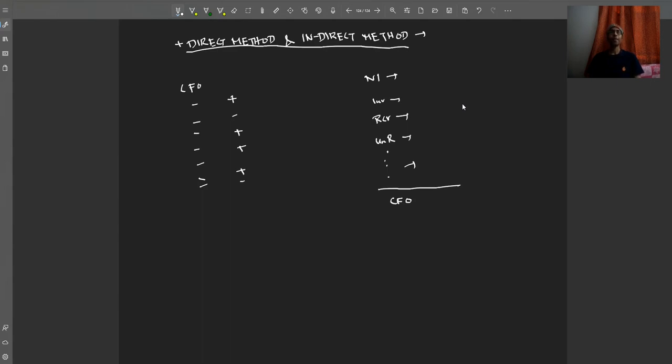In case of net income, the advantage is that you understand how the net income has been transformed into the cash flow from operations. This is the basic difference, friends. The argument here is it is specific and direct, and therefore it is more preferable for analysts and investors because they can make projections around it very easily.